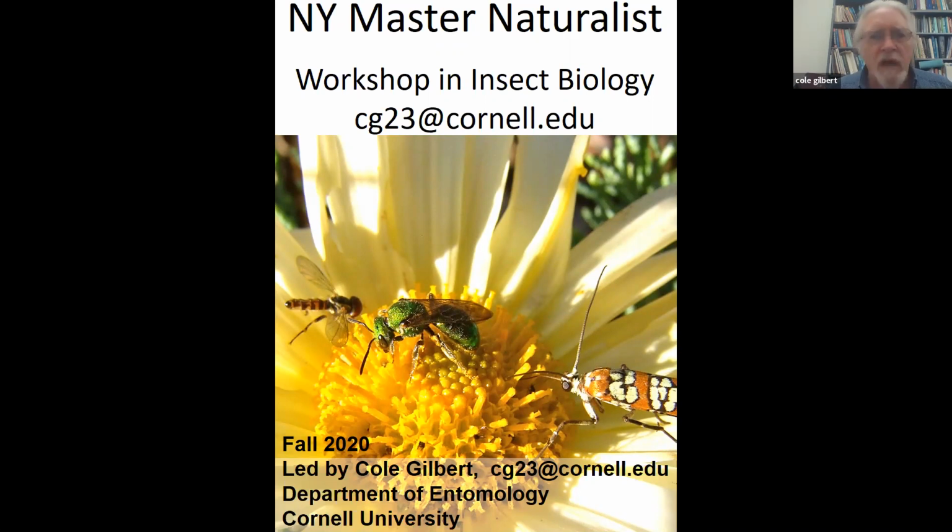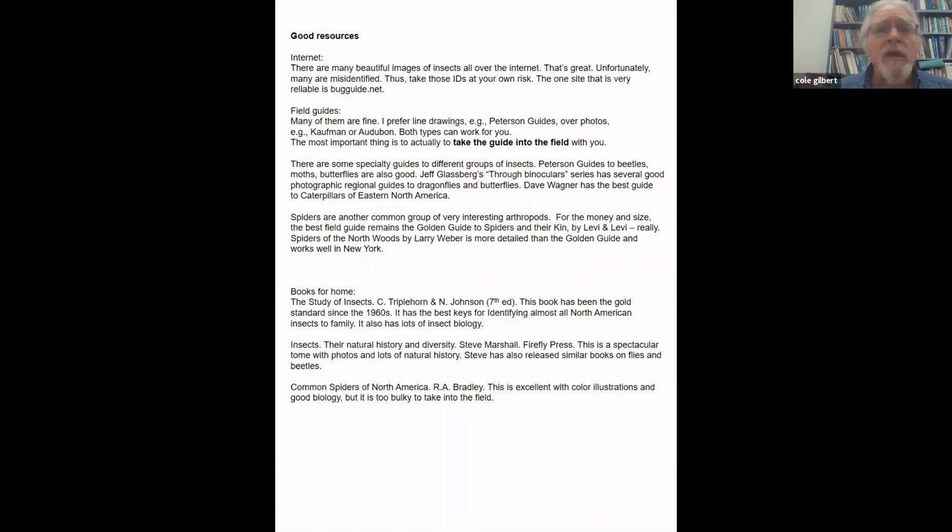I know that a lot of you may first be grappling with the idea of diversity in the insects. There's like so many of them to learn, and we'll focus on that just a little bit in the presentation as we go. But I wanted to list some resources for you before we start. There's a couple of good kinds of resources here. The internet is great.